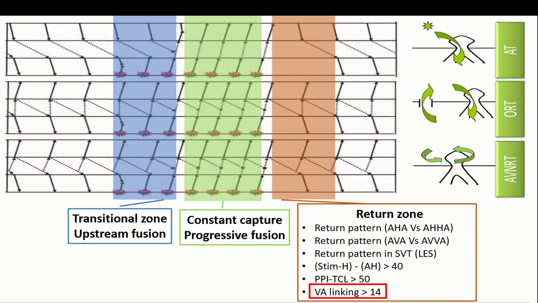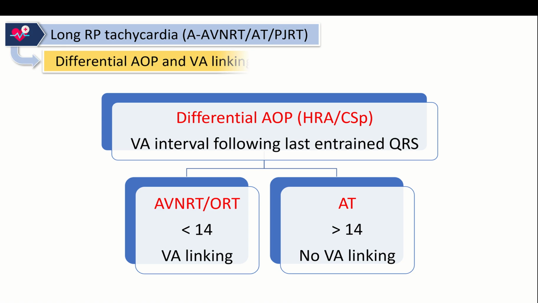Let's go to the last scenario in which atrial overdrive pacing will help us: the concept of ventricular atrial linking, VA linking, to differentiate between all types of SVT. We have to do atrial overdrive pacing from different sides, high right atrium and CS catheter.